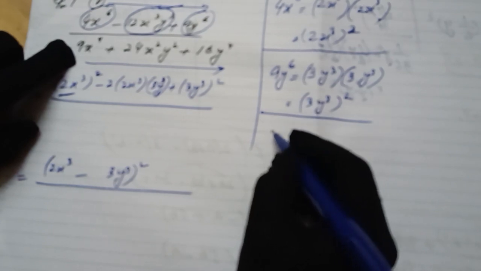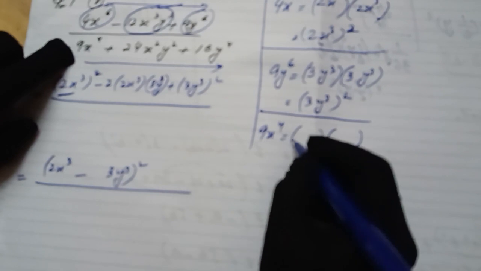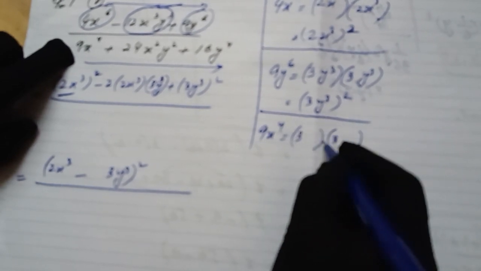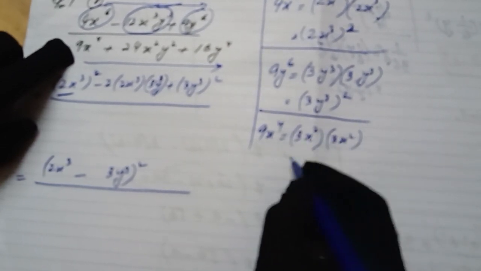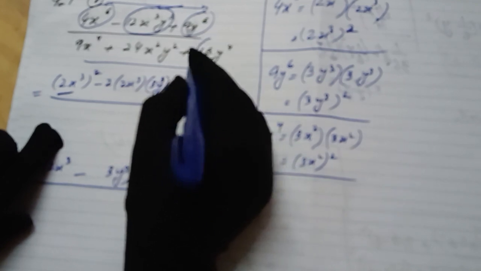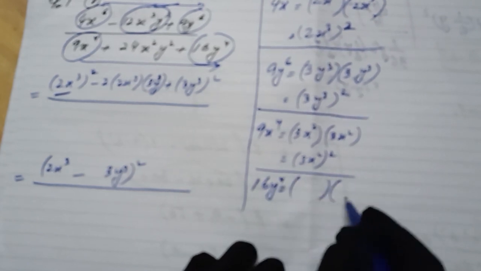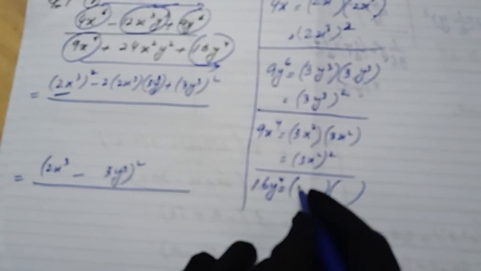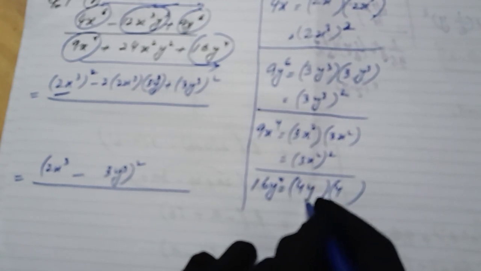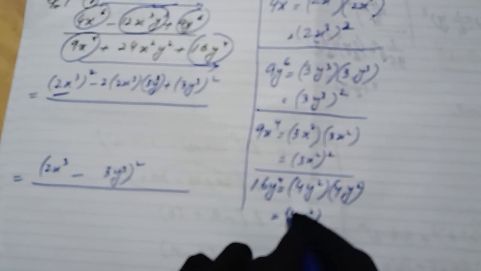First term 9x^4. It can be factorized in two equal terms as 9 as 3 times 3, x^4 as x^2. So the whole square becomes like this. Last term 16y^4 factorizes into same terms: 16 as 4 times 4, y^4 as y^2, whole square.